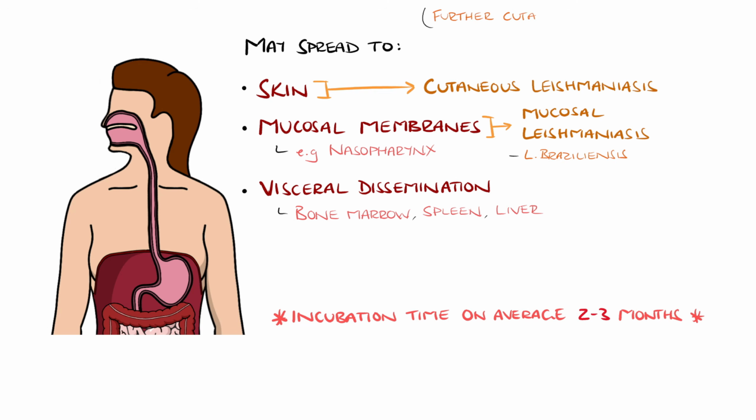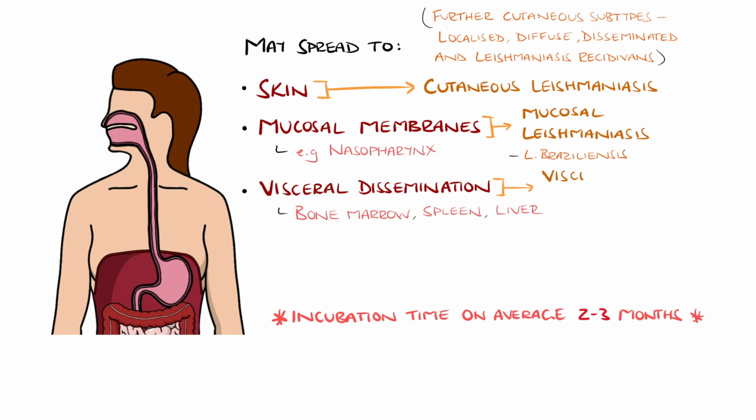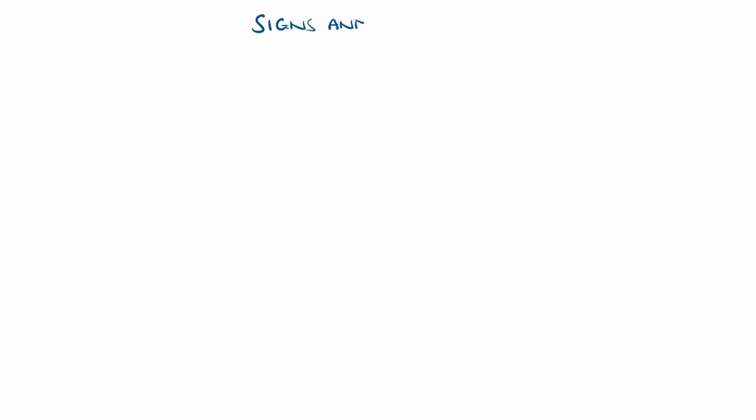The other subtypes include localized and diffuse cutaneous leishmaniasis, disseminated leishmaniasis, as well as Leishmaniasis recidivans. Visceral leishmaniasis is the other main form, mostly caused by Leishmania donovani and infantum. The majority of infections are asymptomatic or subclinical.